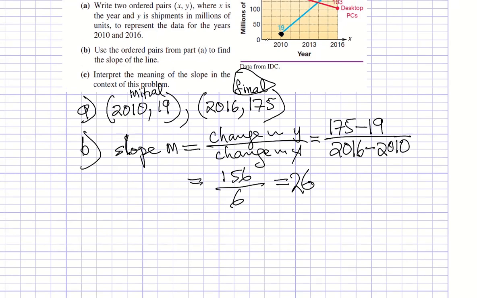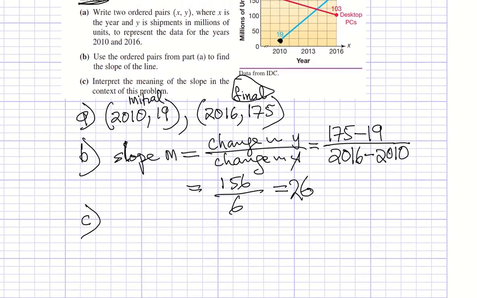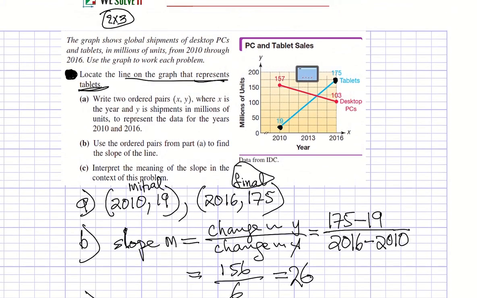Now, what does it say? Interpret the meaning of the slope in the context of this problem. You find the slope, but what does the slope mean? Remember, we started with tablets. We're dealing with tablets now, not with PC. We're going to get to PC in the next problem.